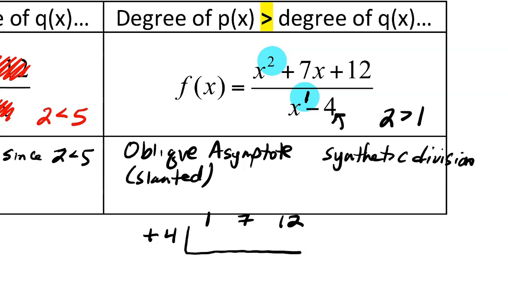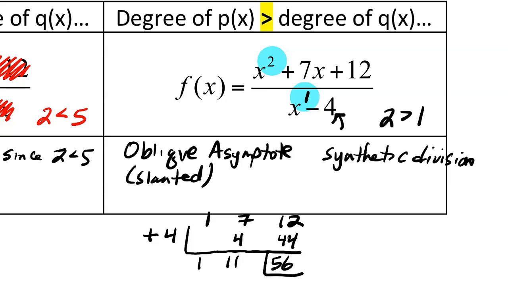And you could pause the video and see if you remember how to walk through that process. But we'd drop the 1 down and multiply. We would add, we'd multiply, and then we would add. So these numbers down here, this is our remainder. These numbers tell us we started with the x squared.